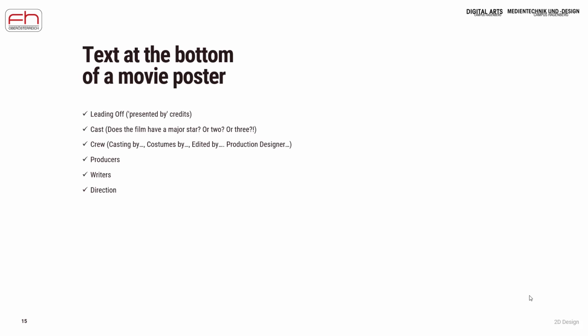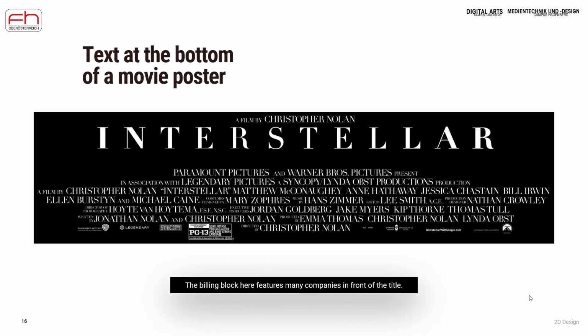Okay, so let's talk briefly about that, because I think this is super important. For example, this is Interstellar, one of my favorite movies. As you can see, there are a lot of companies around. The companies appear before the name of the movie.